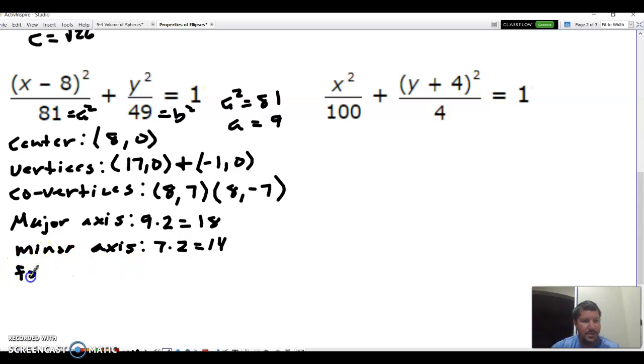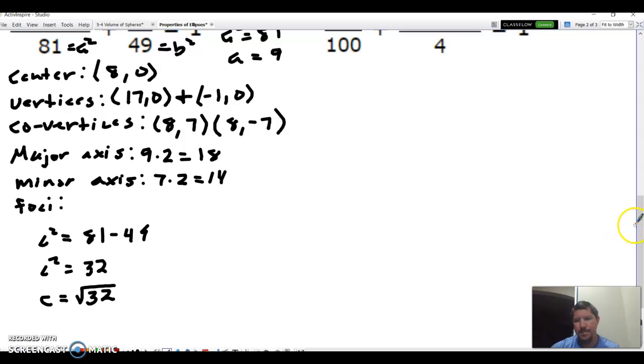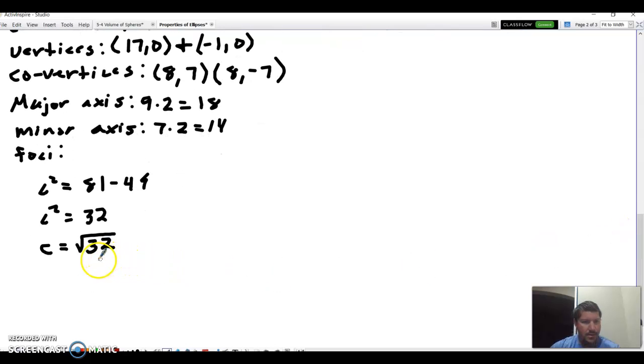And then last but not least, my foci. So c squared equals 81 minus 49. C squared is going to be equal to 32. C equals the square root of 32. So simplify, 2 goes in 16 times. Hey, 4, 4, perfect.